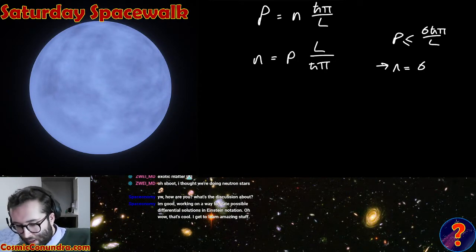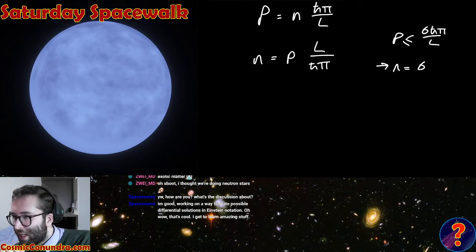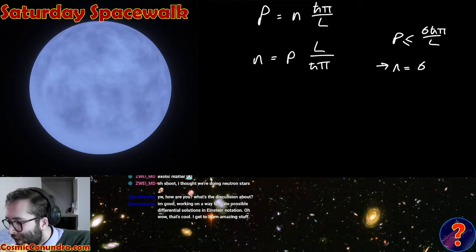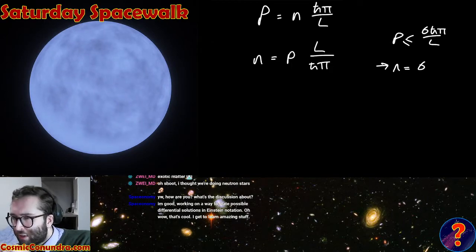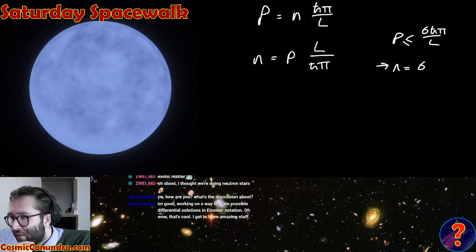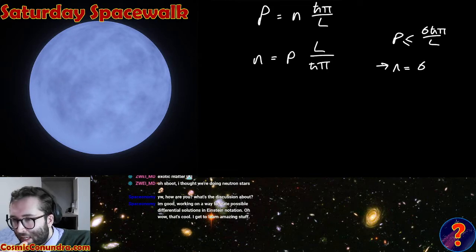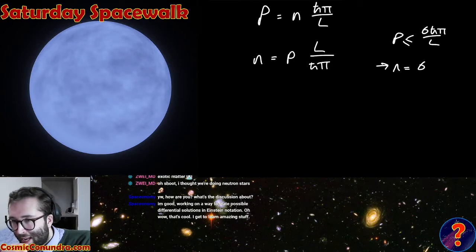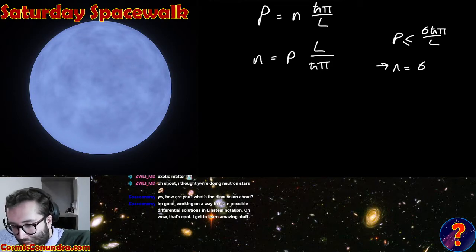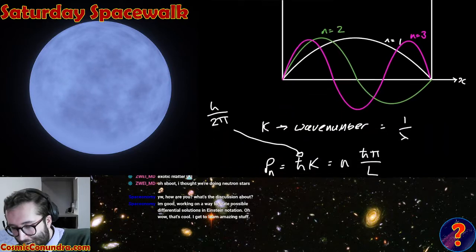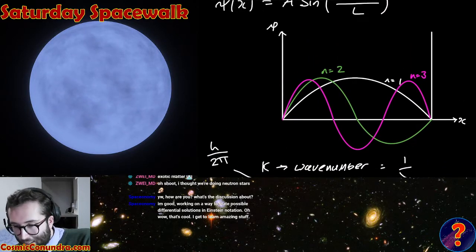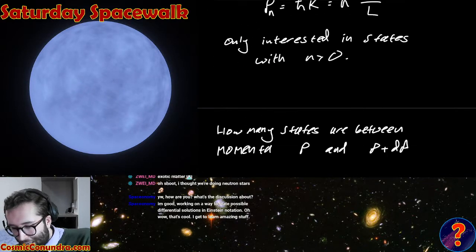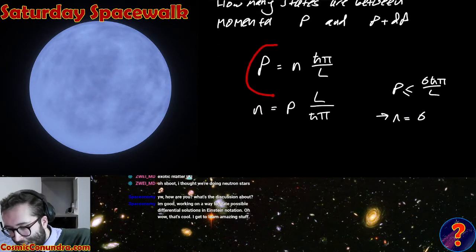Because of the Pauli exclusion principle that we mentioned earlier, we know that you can't cram 2 electrons into the same state. The exclusion principle says that there's only room for 1 electron in every one of these quantum states, which in this case we're describing in terms of momentum. What we've done is label the different states that are allowed in this box by integers n, but now we've converted these integers into a labeling using momenta.